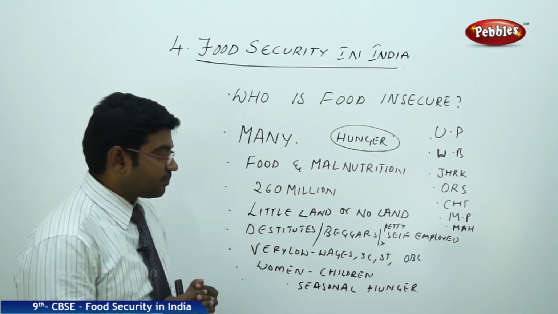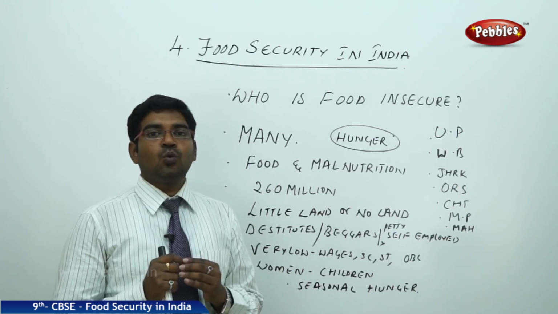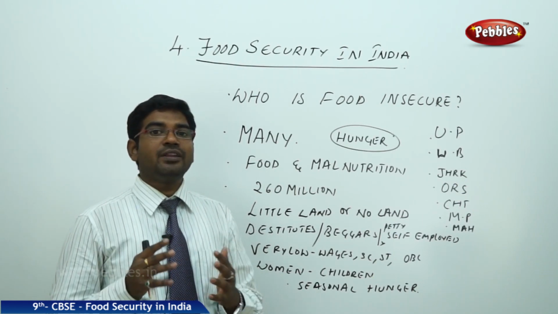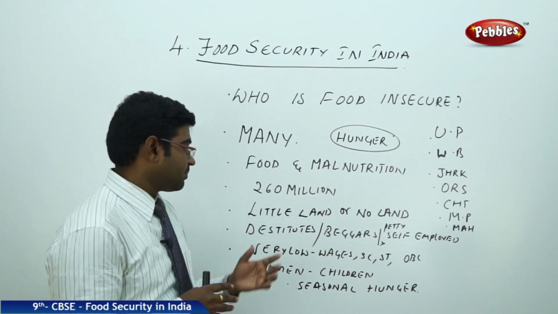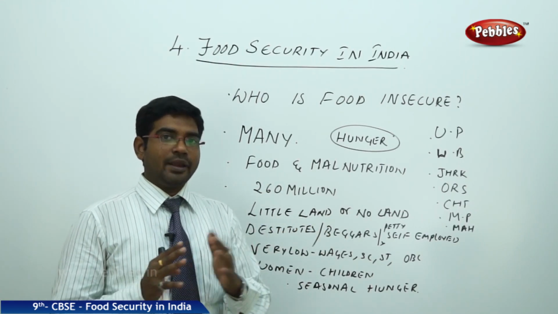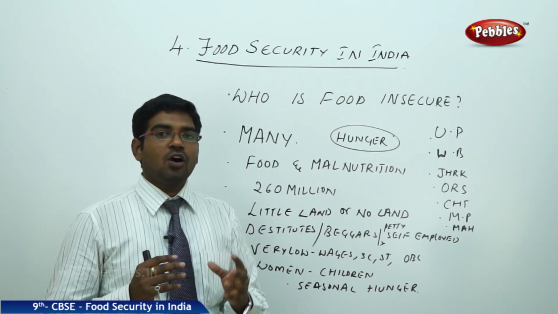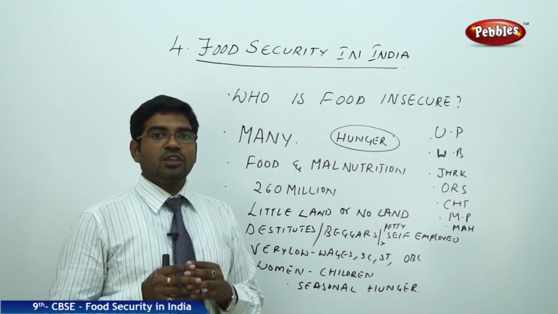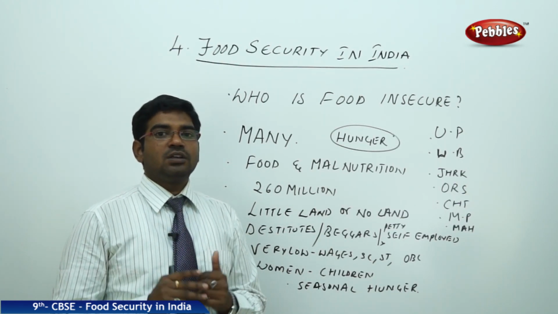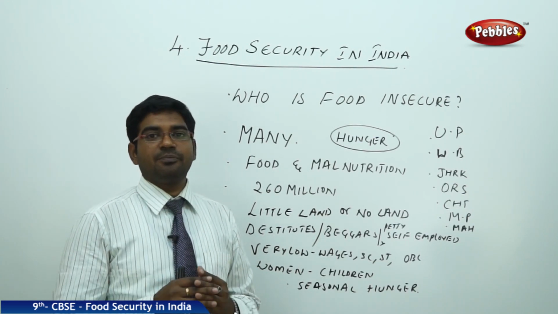Moving on further, which sections of people are highly vulnerable to poverty or food insecurity? That is, the people who have very little land or no land. In a village, when you have no land or very little land, you cannot do agriculture on your own, because they do not have much savings.